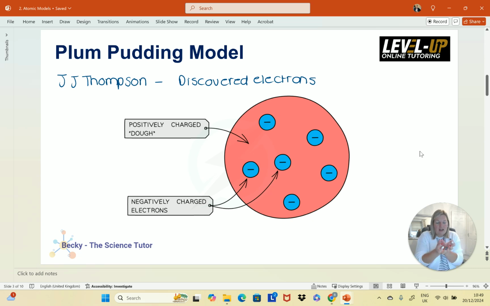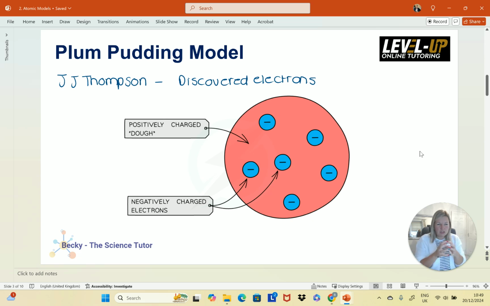And there we've got our new model of the atom. So the ball of cookie dough is like the positive charge, and then we've got these negatively charged electrons because J.J. Thomson discovered them, so we've got to put them somewhere. So we're just randomly putting those within that ball, and now we've got our new model.